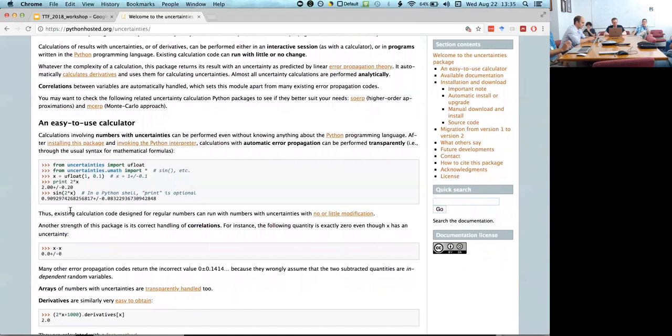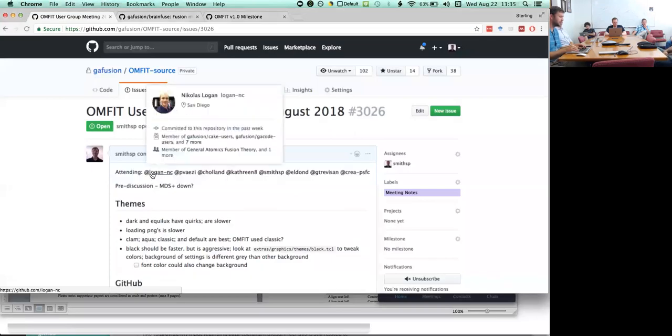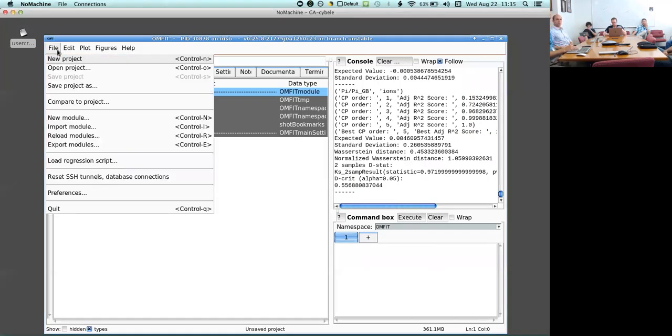So with that background, I wanted to show how we've used the uncertainties package to do one particular operation, which is the uncertainty propagation of a profile fit through a power balance calculation.